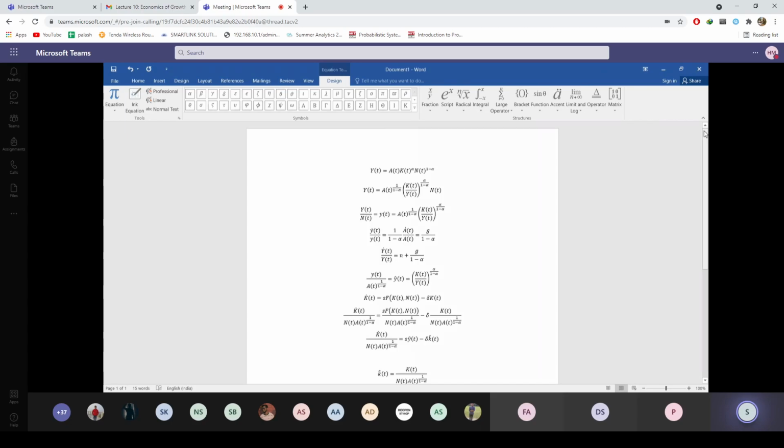Just simply take the production function, manipulate it in this fashion, and utilize the result that capital K by capital Y is always a constant along the balanced growth path. If you take logarithm on both sides and differentiate, you get the rate of growth. So without solving the Solow model thoroughly, it is the easy way of getting the long run growth. Okay, any question?